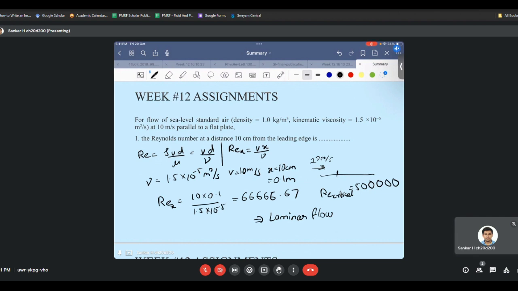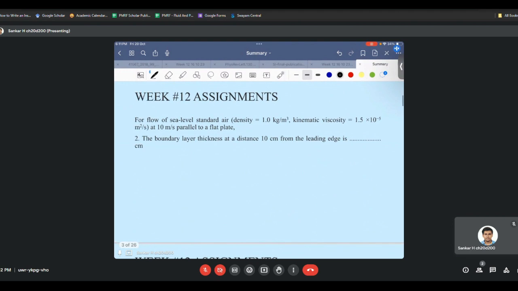And the reason why this is important comes up in the next question, where the boundary layer thickness at a distance of 10 centimeter from the leading edge is asked. For that, the formula varies depending on whether you are in the laminar flow regime or the turbulent flow regime.